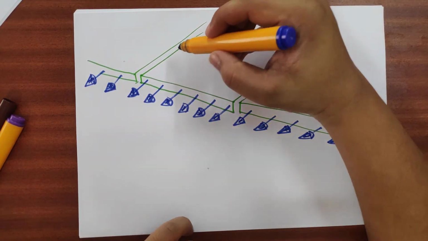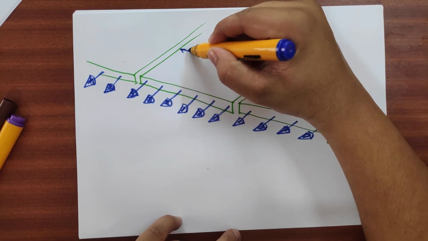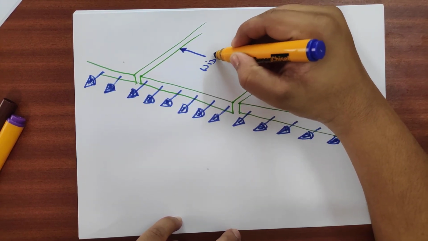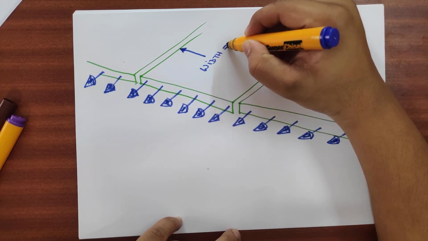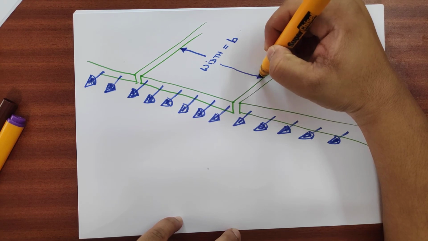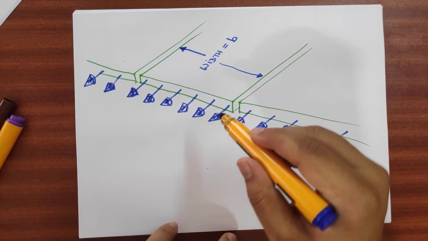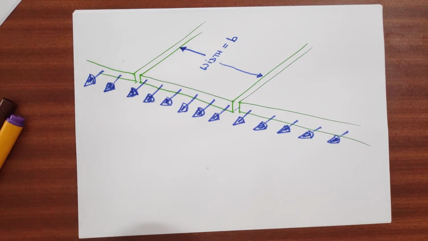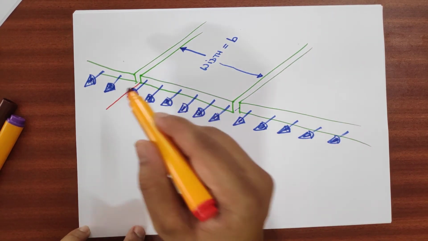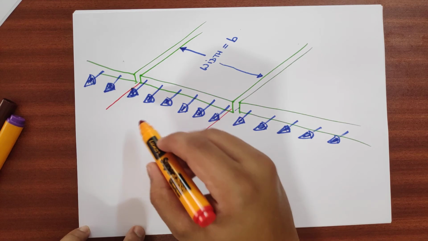Okay, so this is the width actually. Suppose this width happens to be B. I'm interested in the current through this section.